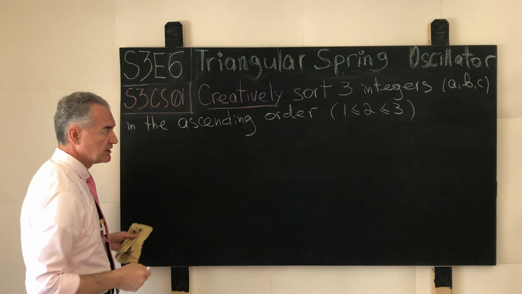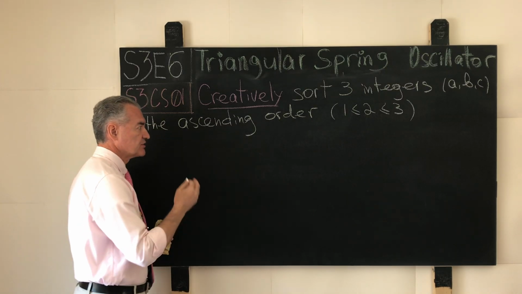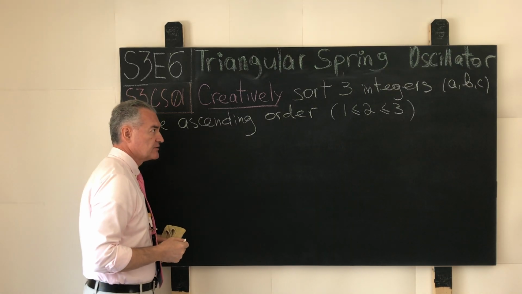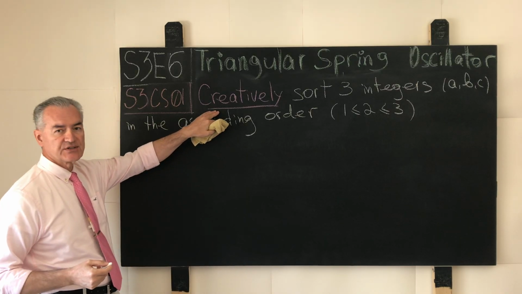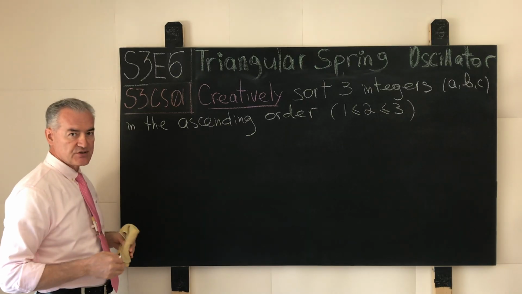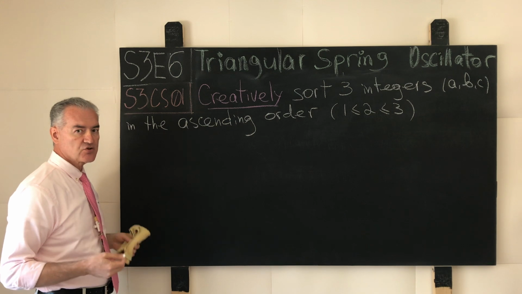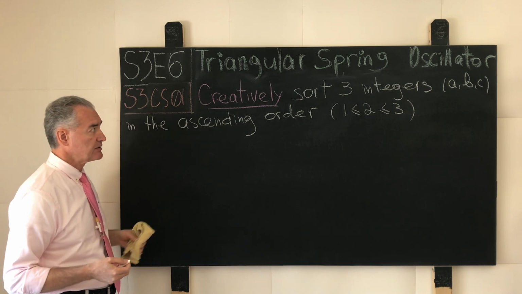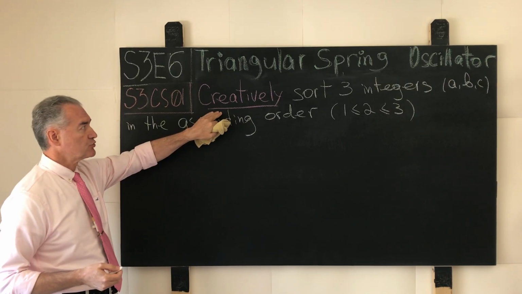This is what is usually given in some texts on computer science, on the study of algorithms. And the objective of this problem is to be creative. This is the emphasis. It is possible to sort three integers in any which way. Yes, there is not much intellectual challenge behind this task, but the emphasis in this problem is to be creative.